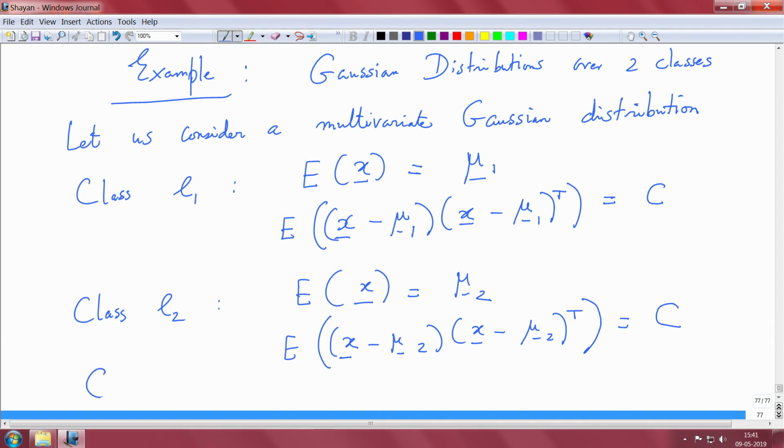And C in general is non-diagonal, and we assume it is non-singular.